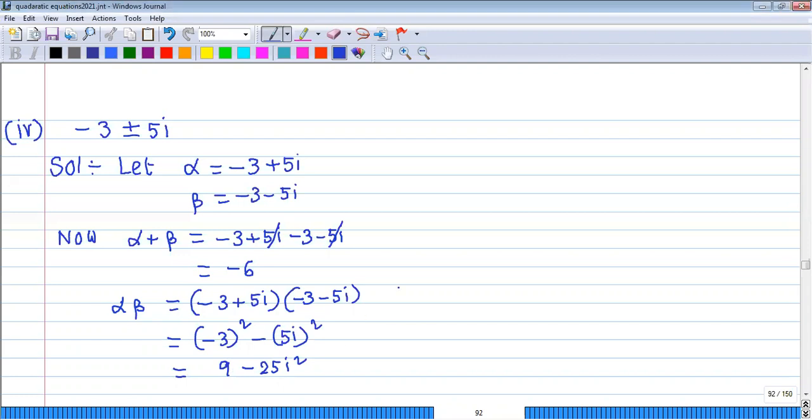Right? So we can have 9 minus 25 into i square, which means -1. That is 9 plus 25 equals 34.